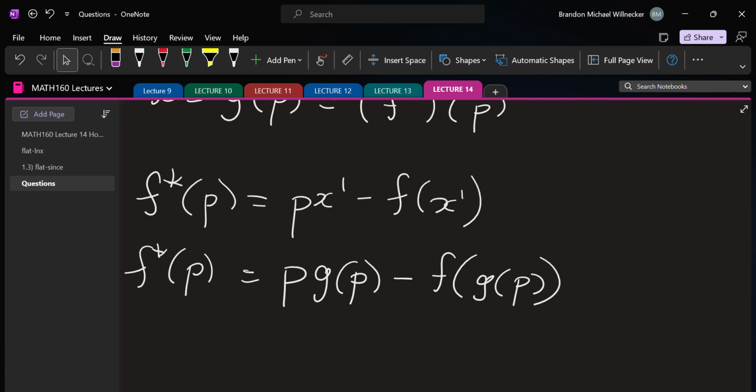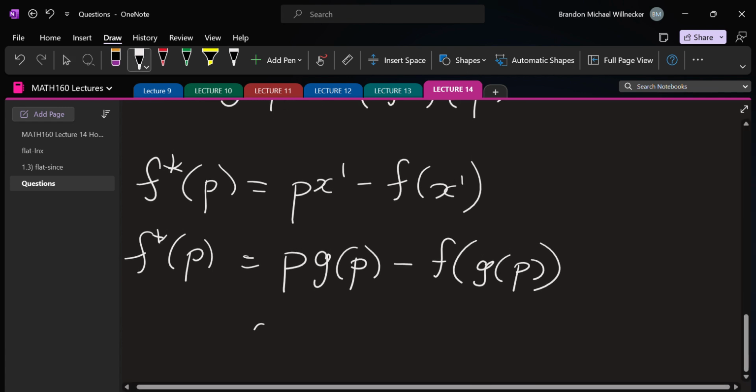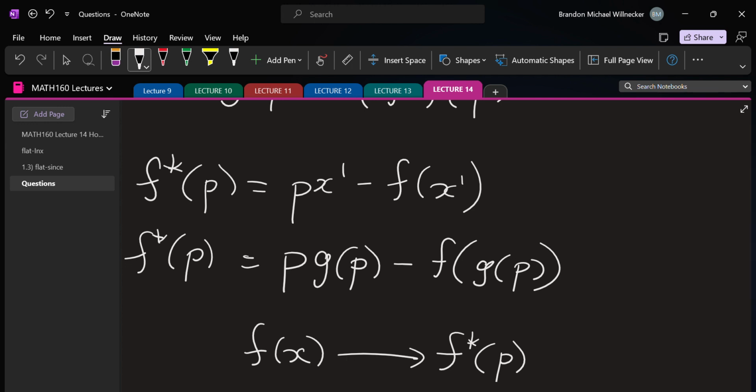And that's it. We've got our f star. We've taken f of x and converted it to f star of p. That's the Legendre transform once.